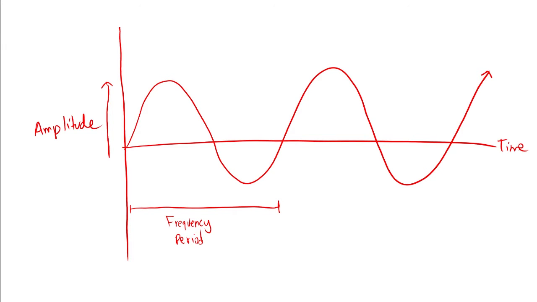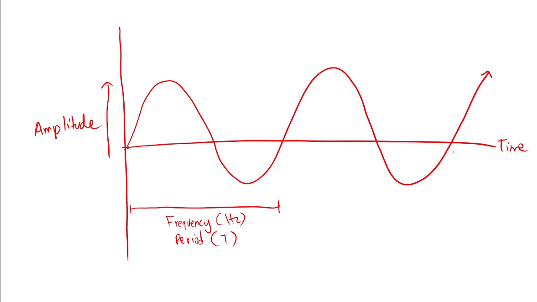So the time that it takes to complete one full cycle is the period. And the frequency is measured in hertz. Or how many of these do I get per second?